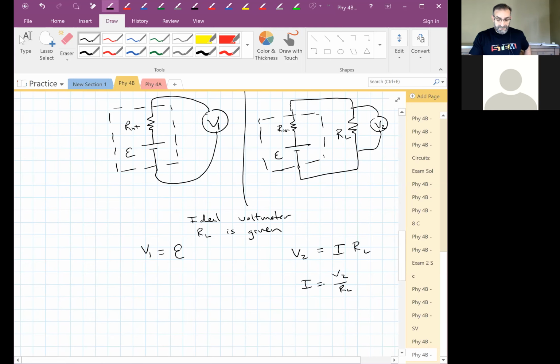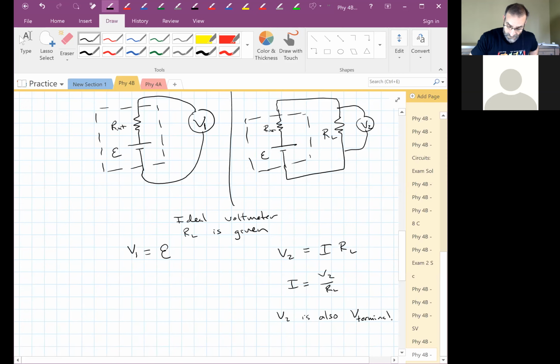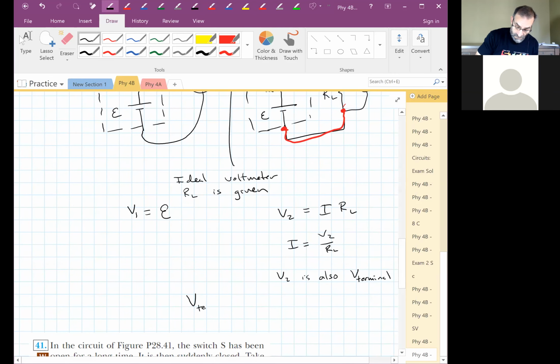We know the current. We also know that V2 is the terminal voltage. You see that it's hooked up to the terminals here. The terminal voltage is E minus Ri, R internal.